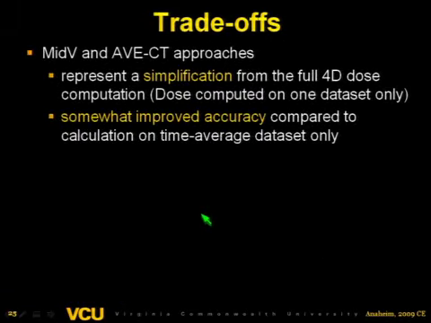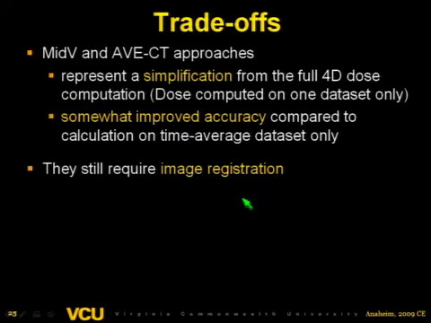So both mid-ventilation and average CT approaches presented represent a simplification for the full dose computation because, as I have already said, the dose is computed on only one data set. They provide somewhat improved accuracy compared to the calculation that is based only on some time average data set alone.